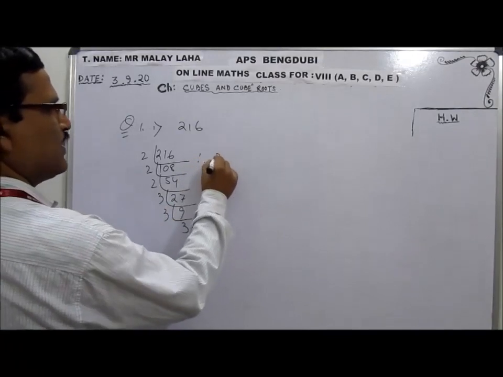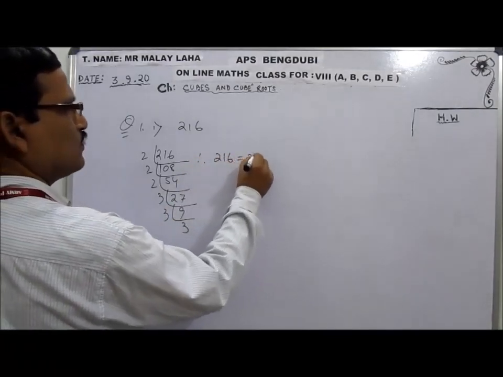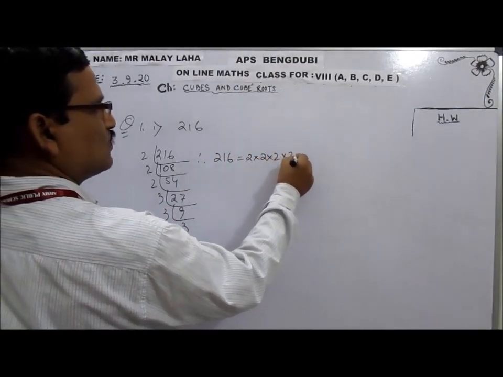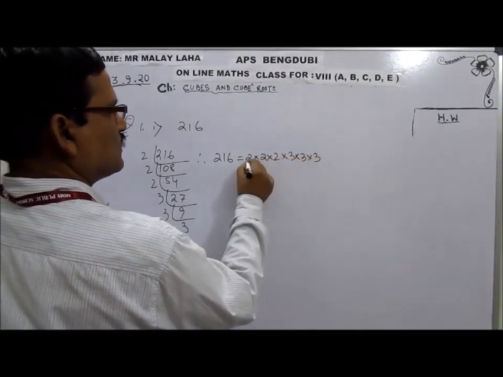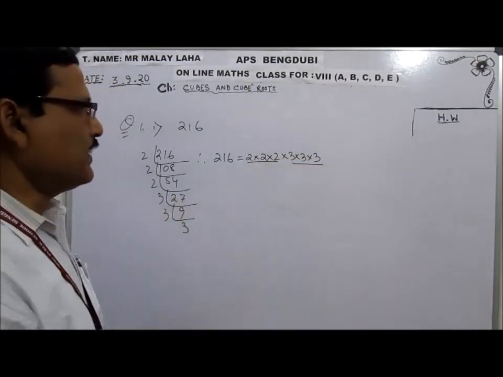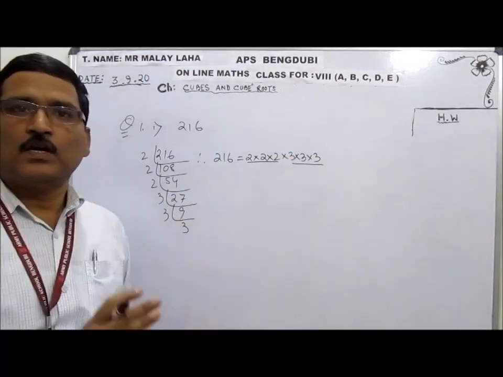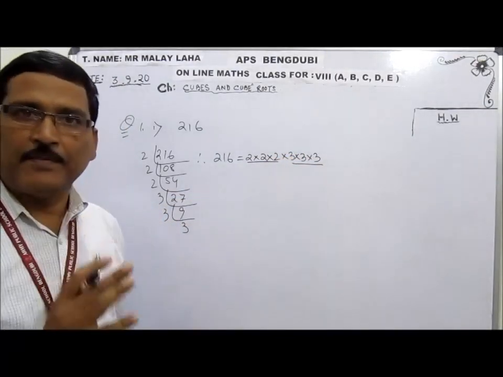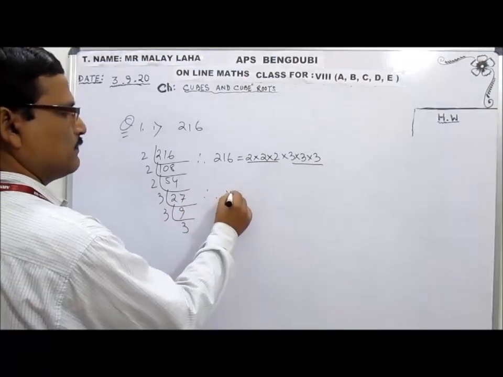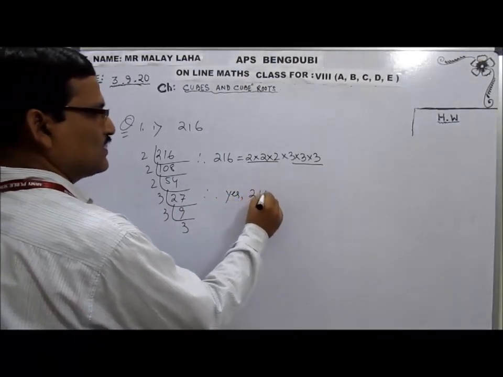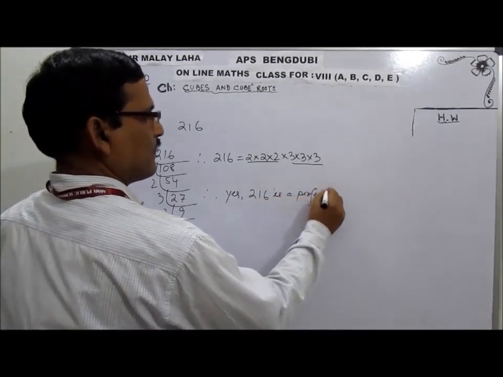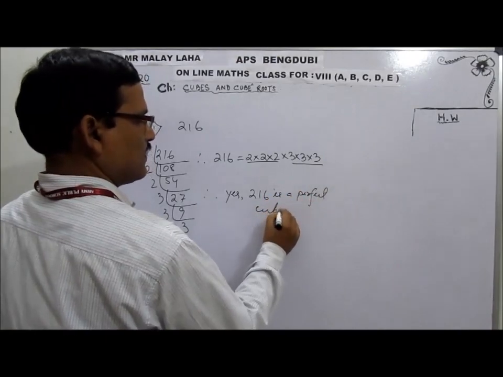So therefore 216 can be written as 2 into 2 into 2 into 3 into 3 into 3. So clearly it is seen the number can be represented as groups of 3 equal prime factors. That's why you will say yes, 216 is a perfect cube number.